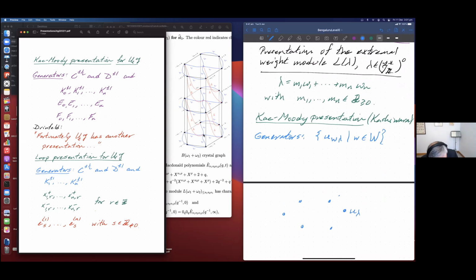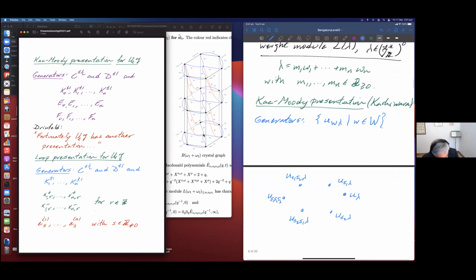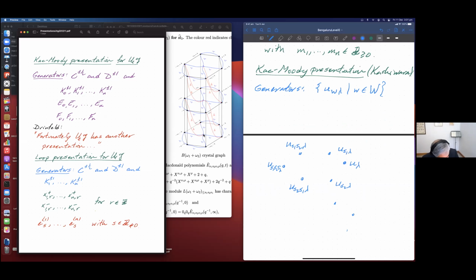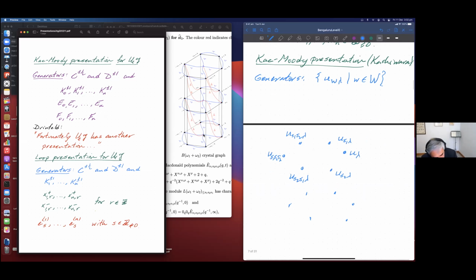So this is u_{s1 lambda}, u_{s2 lambda}, u_{s1 s2 lambda}, u_{s2 s1 lambda}. And then I'm going to create even more dots because I'm going to use the affine Weyl group.